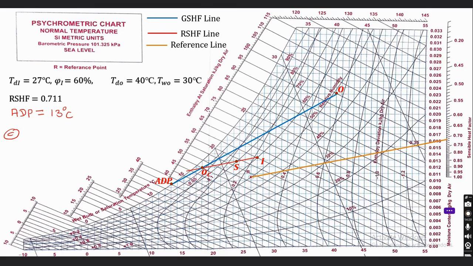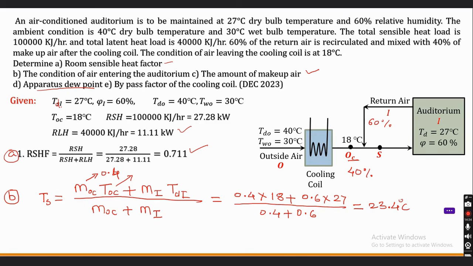So in order to find out the mass of makeup air, we have to find out the supply air first, okay? How much supply air is there, right? Now this supply air, which is here, has to handle the load inside the auditorium, that is room sensible heat and room latent heat.